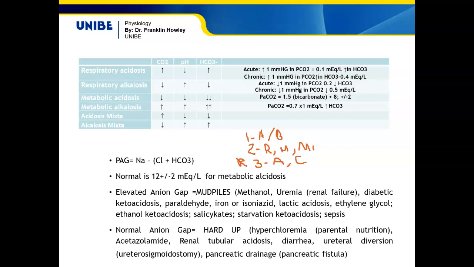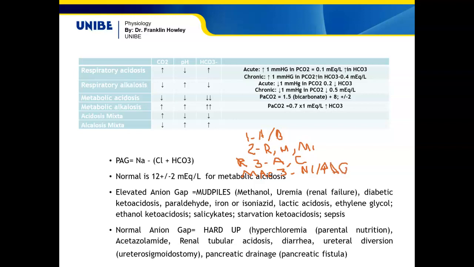In the case that it's not respiratory but a metabolic acidosis, we do another 3, because we wouldn't do acute or chronic. We will determine if it's going to be with a normal or an increased anion gap.